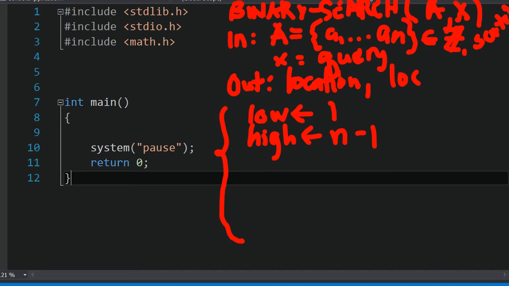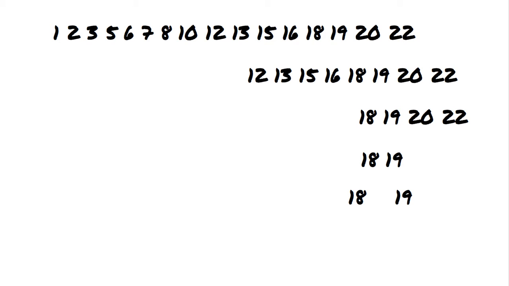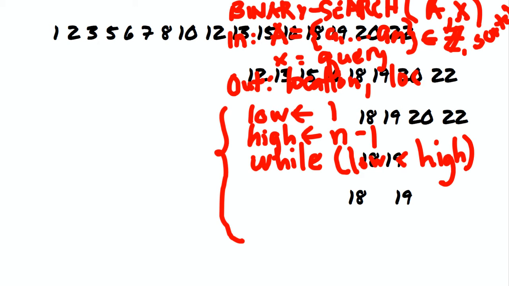And after this, we're going to iterate. So this will be a while loop. So while low is less than high, and remembering that our termination condition from the example is when low became equal to high.